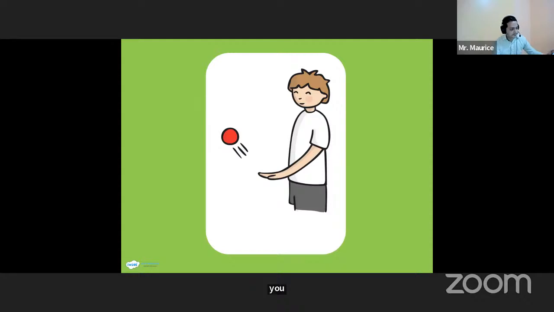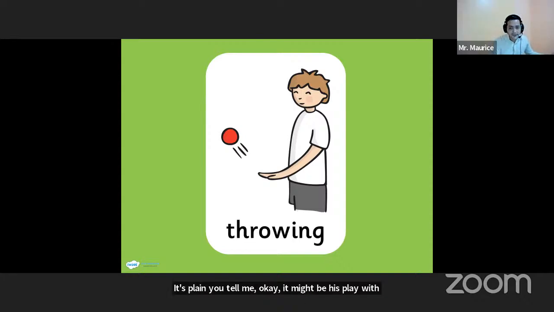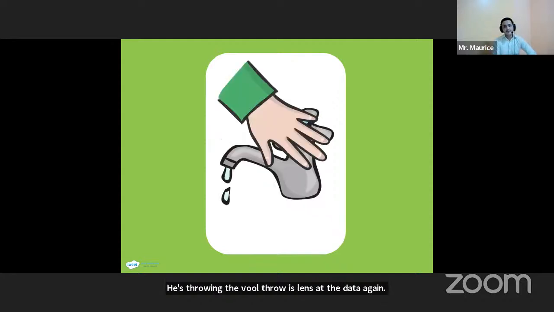He is posing or he is playing. Okay, it might be he's playing with the ball, but you see the ball? The verb here is throw. Throw means tirar o lanzar. Throwing. He's throwing the ball. Throw is lanzar, tirar, okay? Throw. Okay, let's continue. This one.